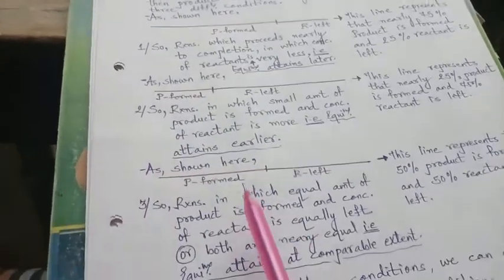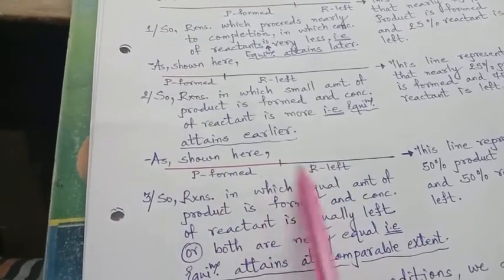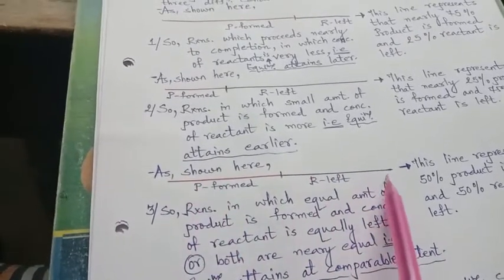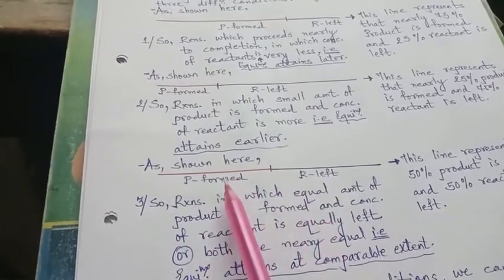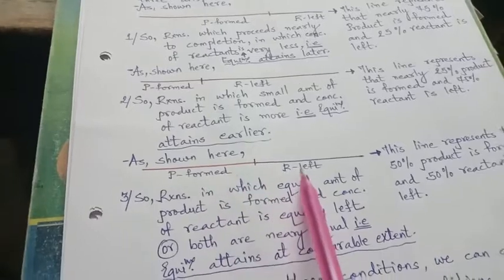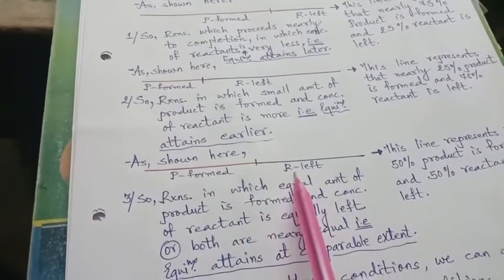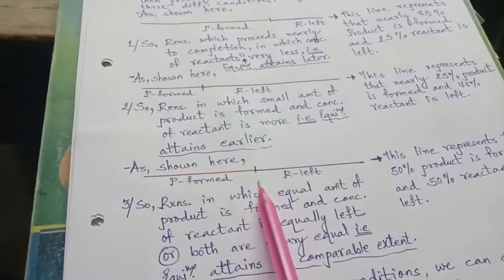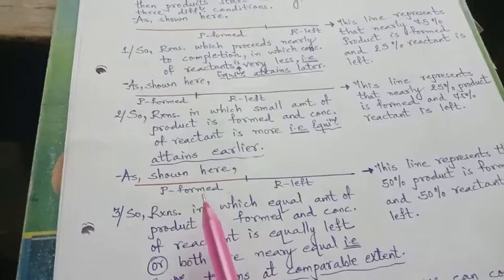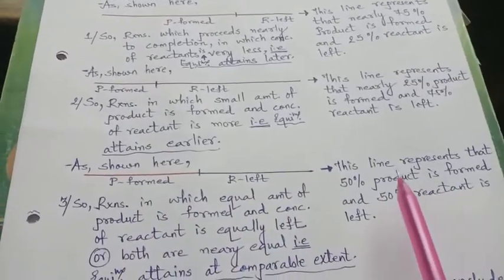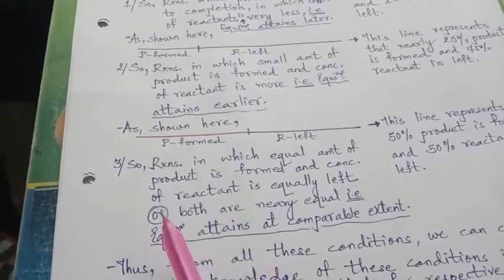Let us see the third condition. You can see here the red portion and the blue portion seem comparable, equal. Either they are 50-50%, or very near to each other, like 60-40% or 55-45%. So this line represents 50% product formed and 50% reactant left.